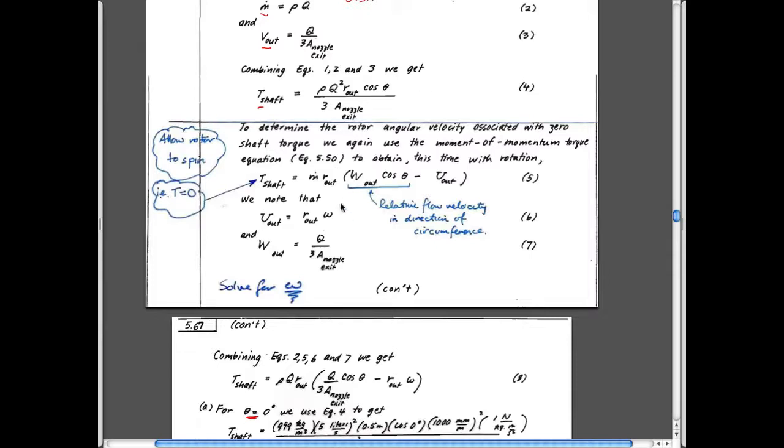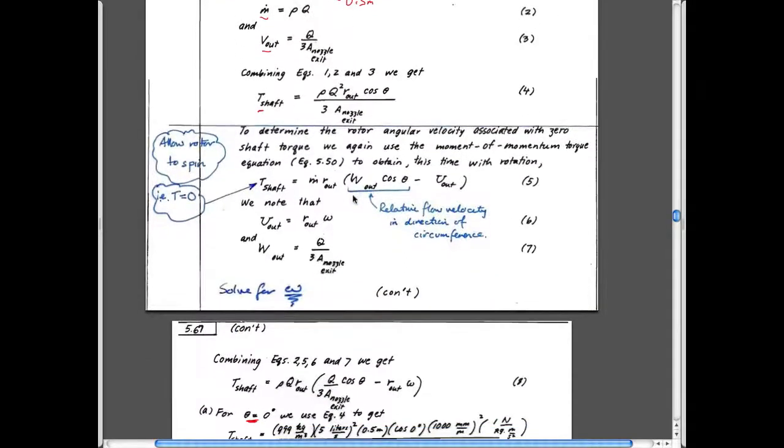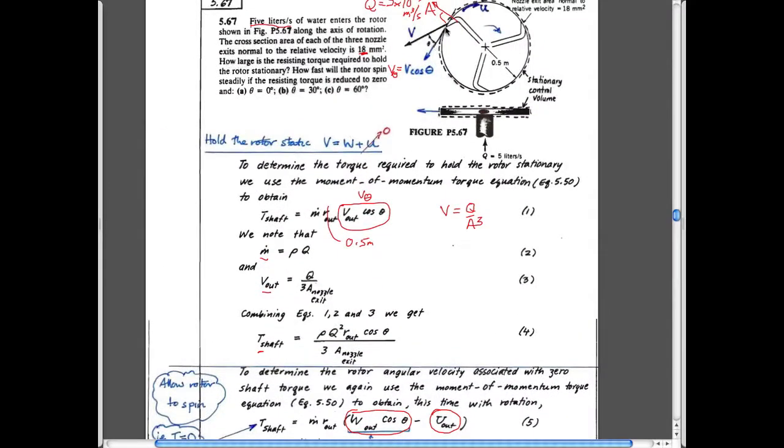And the expression now is that the velocity that we're going to look at, v theta, is now modified somewhat. It's going to be equal to the rate at which it comes out of the nozzle relative to the nozzle, but also it's going to be modulated by the velocity of the control volume. And so this is the velocity that it's coming out of the nozzle relative to this direction, v theta.